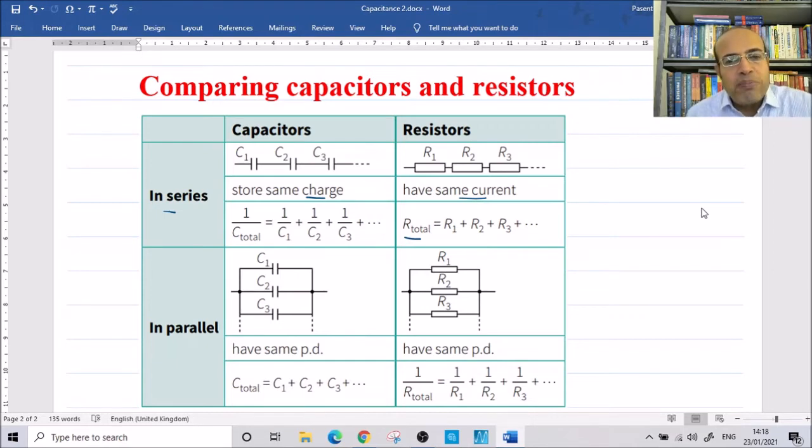For parallel capacitors, it is C1 plus C2 plus C3, and for resistors, 1 over R total. So R total for resistors in parallel behaves like C total for capacitors in series, and C total for capacitors in parallel behaves like R total for resistors in series.